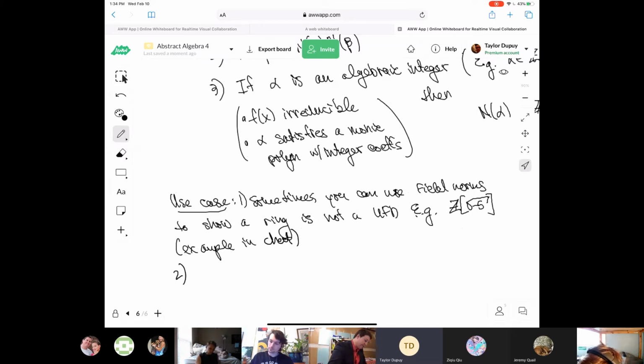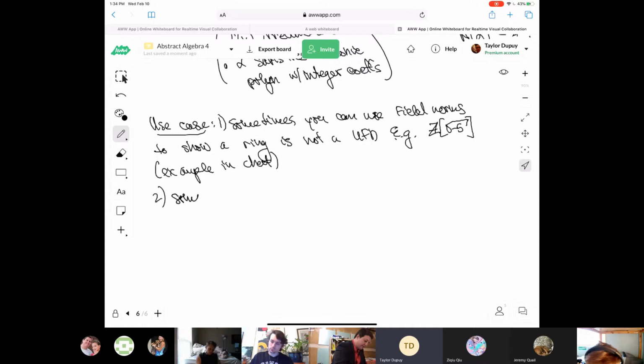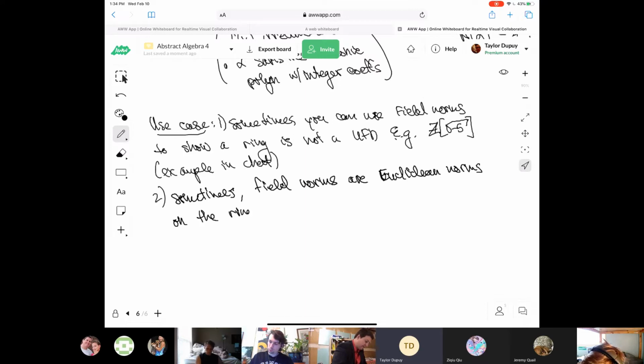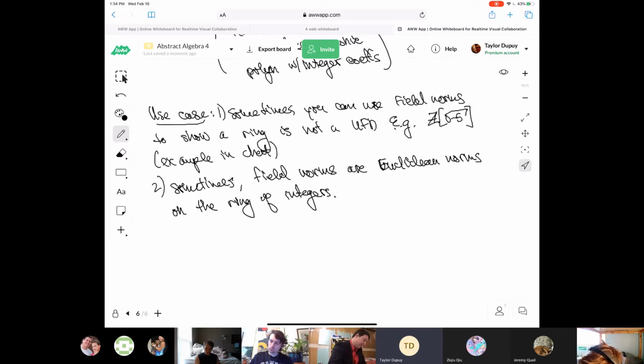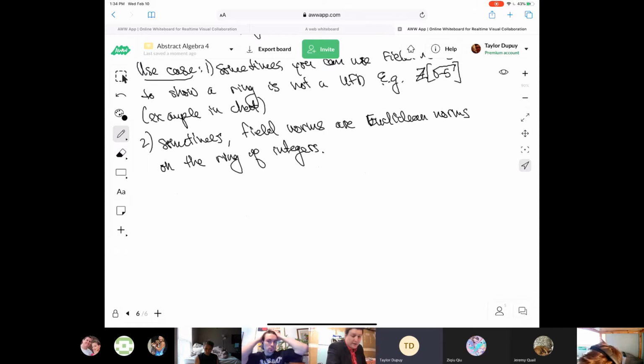The second thing that you can do, sometimes, not often, is that field norms are Euclidean norms on the ring of integers. Another way to define the field norm is, if you have an irreducible polynomial, it's the product of the Galois conjugates.